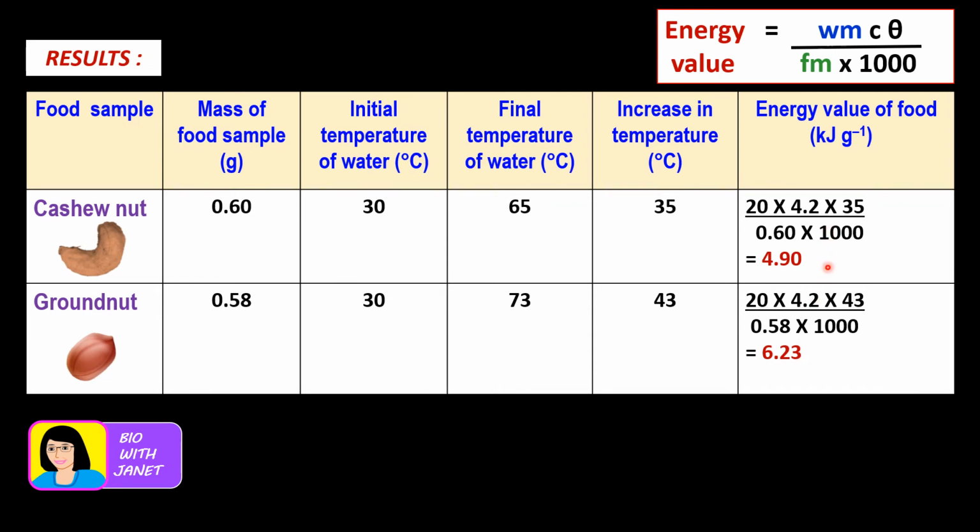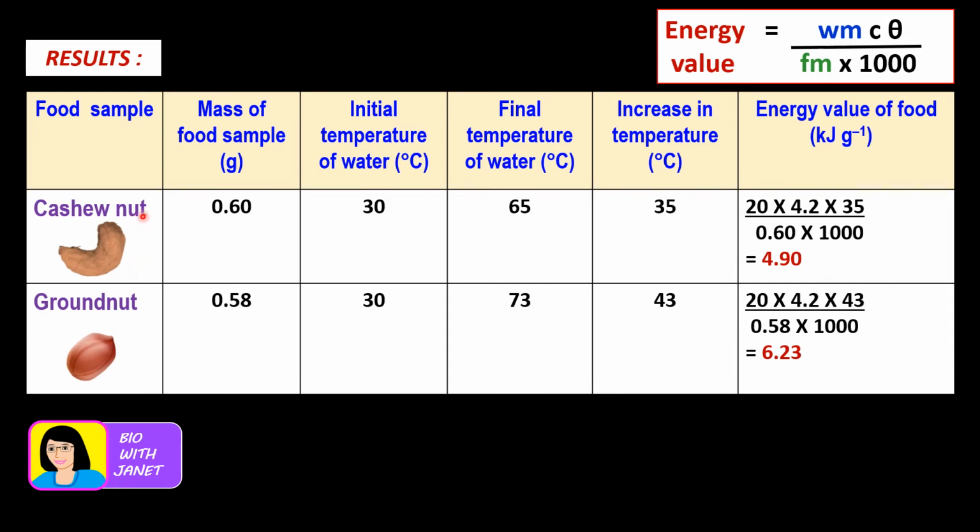Now, some students may get the opposite result, where the cashew nut has a higher energy value than groundnut. So which is the true situation? Referring to some research that's been done, it's been found that groundnut has a slightly higher energy value compared to cashew nut, slightly higher. But when we're doing the experiment, the condition of the nut also affects the energy value.